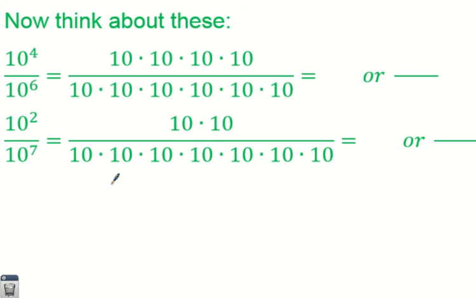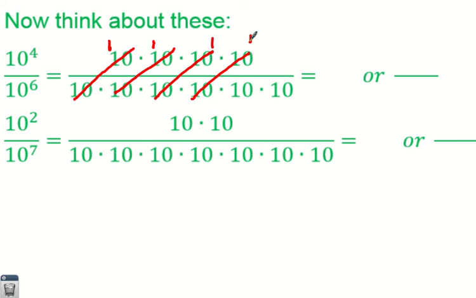If you had, for example, 10 to the 4th over 10 to the 6th, look what happens behind the scenes. As far as canceling goes, those two 10s could pair up to divide to 1. These two 10s could cancel each other out and divide to be 1. These two 10s, too. And that would be all the canceling that would happen.